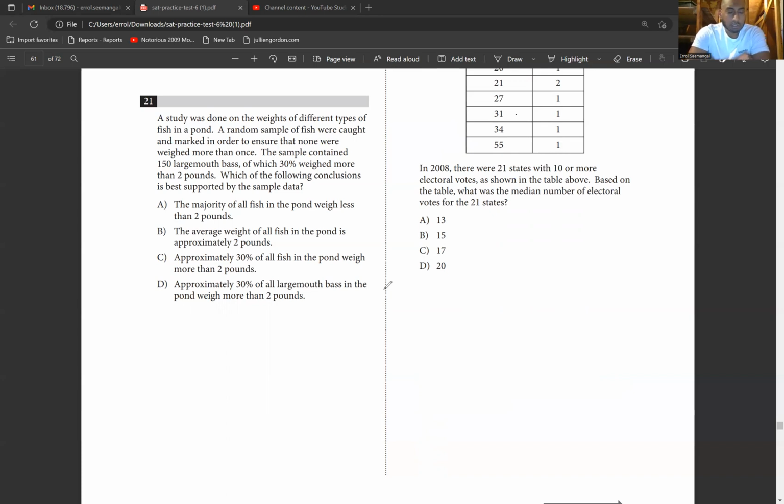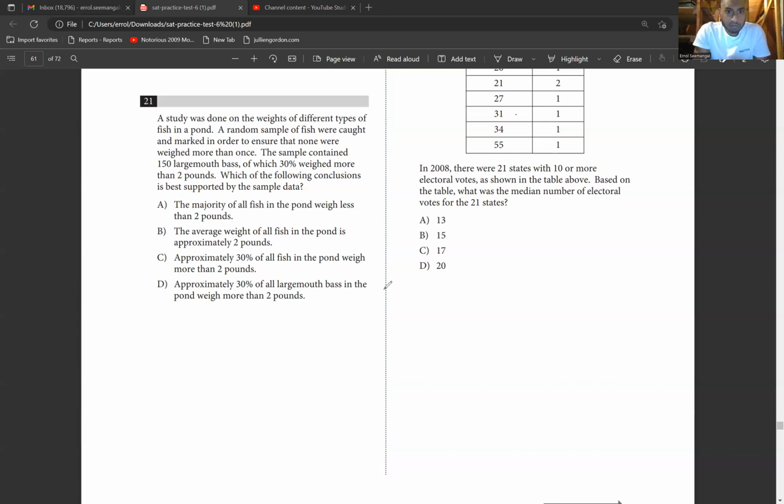Okay, which one here? 30% weighed more than 2 pounds. The majority of all fish in the pond weigh less than 2. The average weight of all fish in the pond was approximately 2. Approximately 30% of all fish in the pond weigh more than 2.